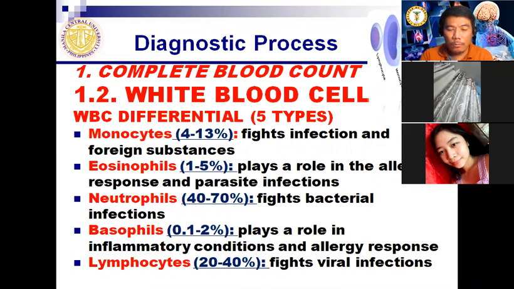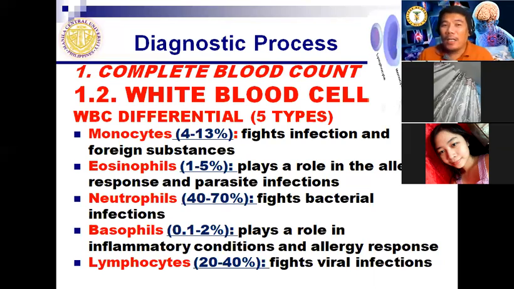The WBC differential count could be helpful to identify, for example, if an infection is viral, bacterial, parasitic, okay? If it is more on an allergic reaction, there are WBC differential counts which will be significant findings. If there are inflammatory responses, then this could also be identified by the WBC differential count.